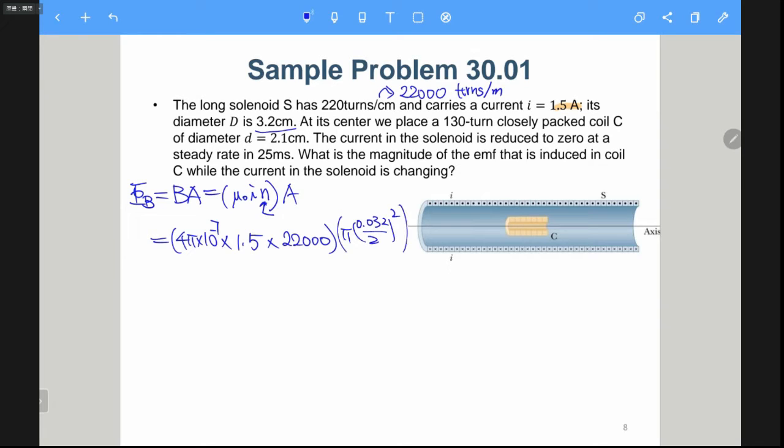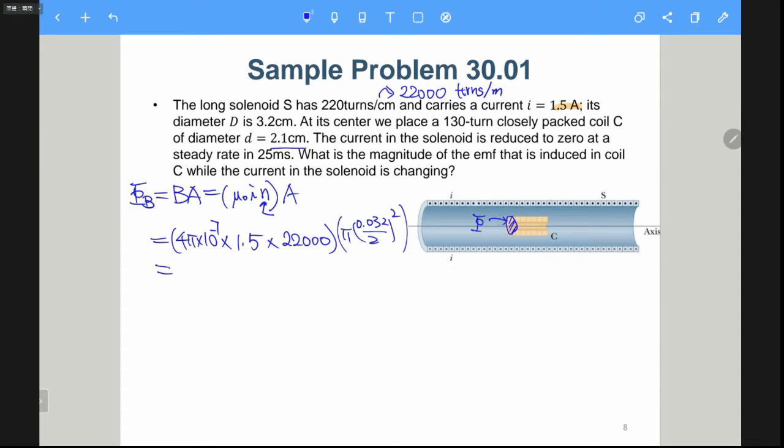Okay. Oh, sorry. We should use this one, because we need to consider the magnetic flux here.